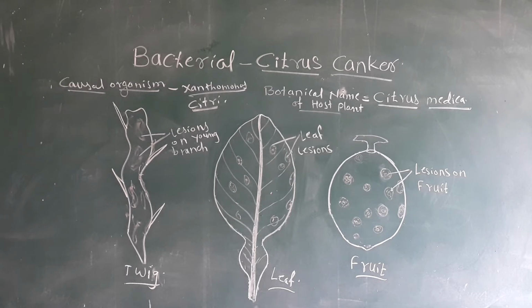This citrus canker is worldwide in distribution, and it was first recorded in Japan and then spread all over the countries. Now it is known to occur in all areas where the citrus plant can be grown, as well as the sweet lemon and orange.